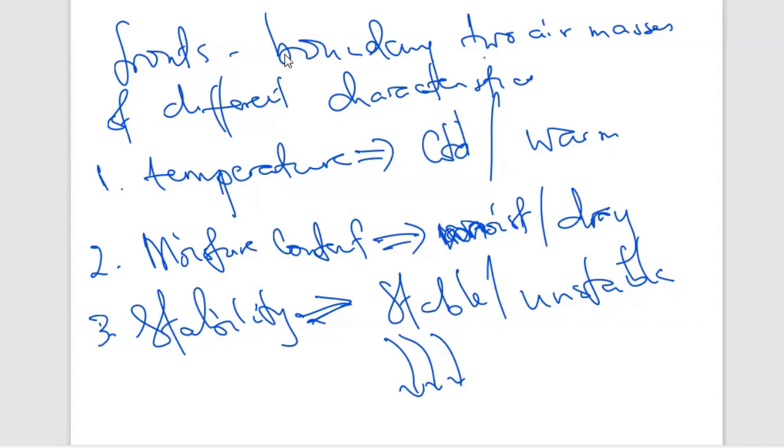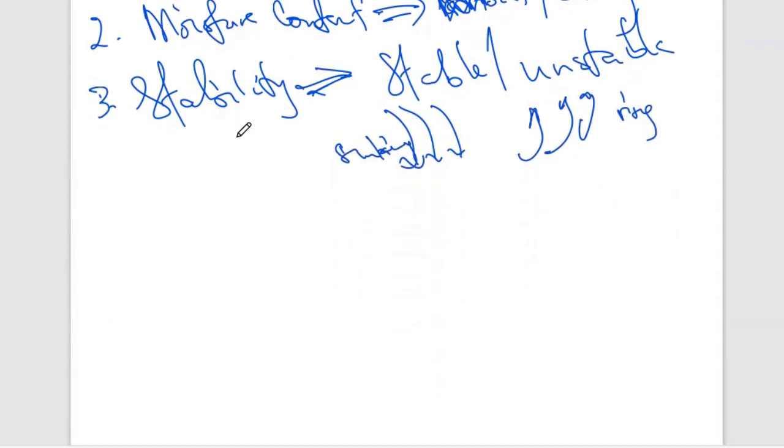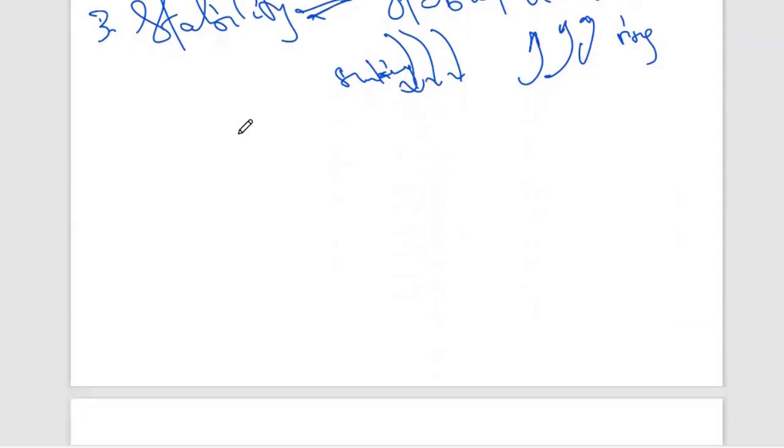And if there's unstable conditions, the air mass has got a tendency of uplifting or rising. This is rising and this is sinking. Those two air masses cannot mix because of their differences in stability. One is stable and the other one is unstable. Right. So basically, when we're talking of the fronts, we have basically what we call a cold front, a warm front, and then we can also talk of an occluded front.